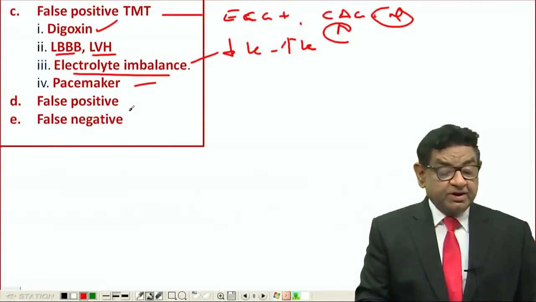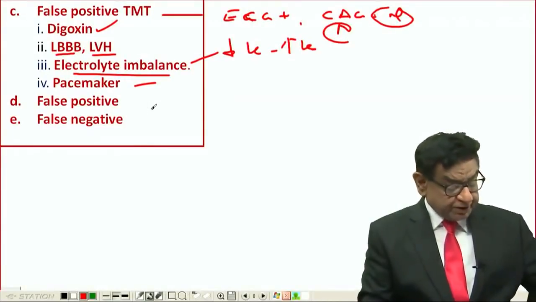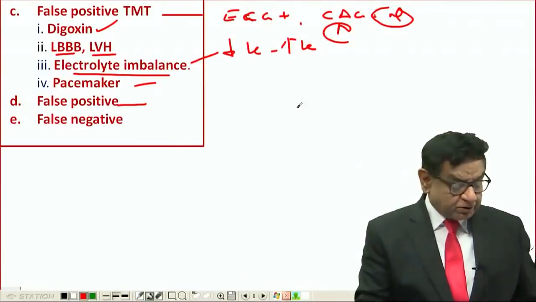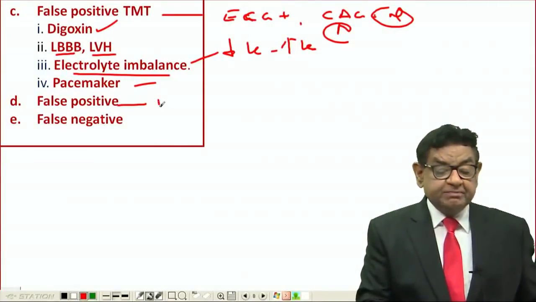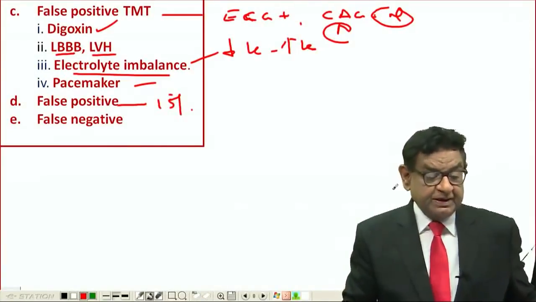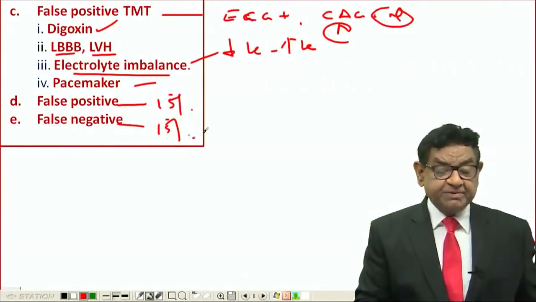Now, as far as false positives, the second thing I was talking to you about: even in a normal case, the patient may have 15% false positive, and the patient may have false negative in around 15% of cases.